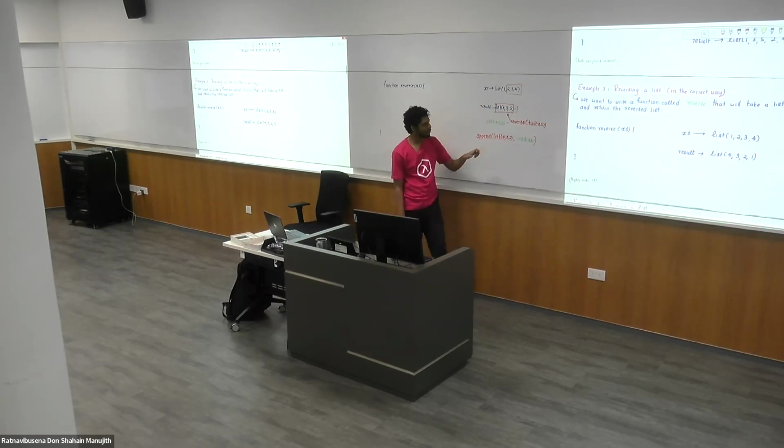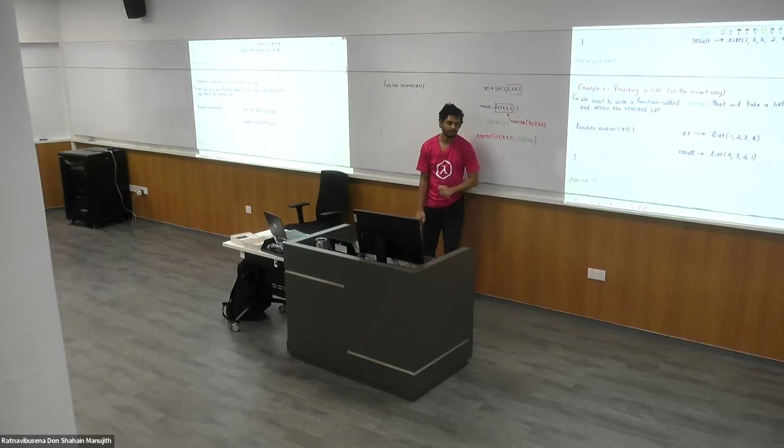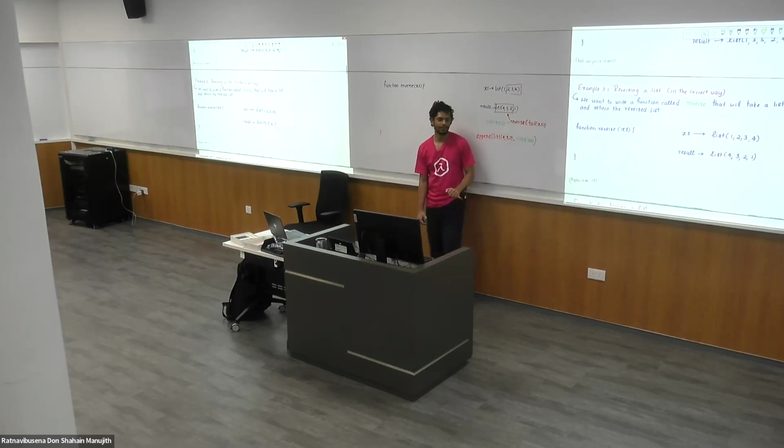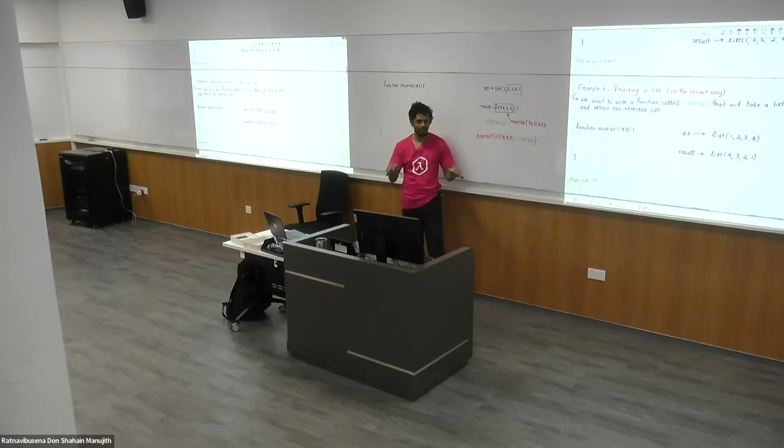If I call append using list 432 with head of xs, will it give an error or not? If I type this program into Source Academy and I run it, will it run? Will it give an error or what?